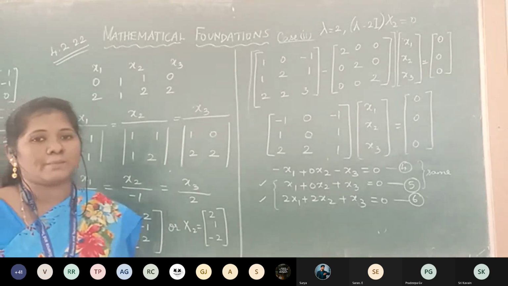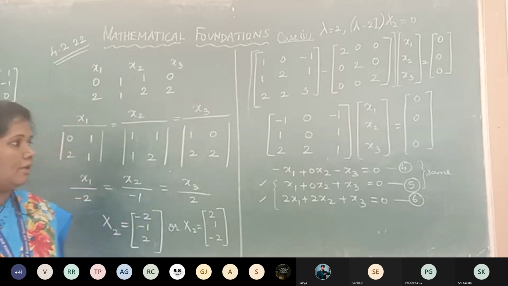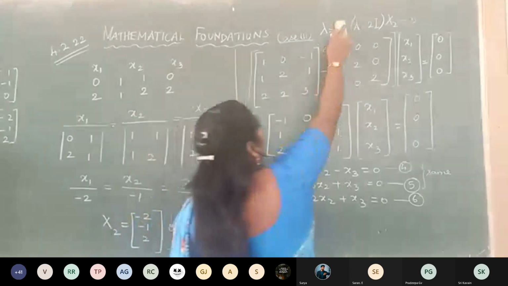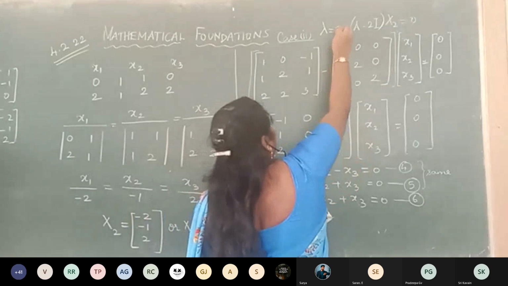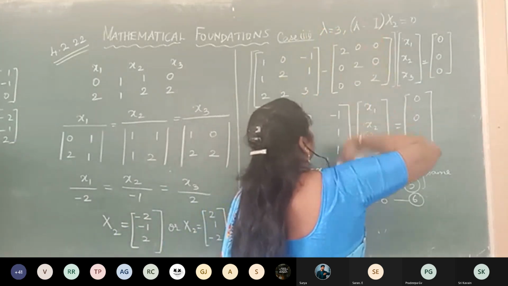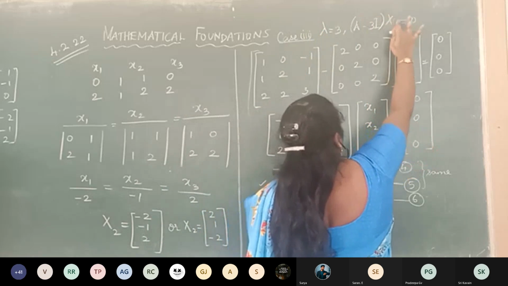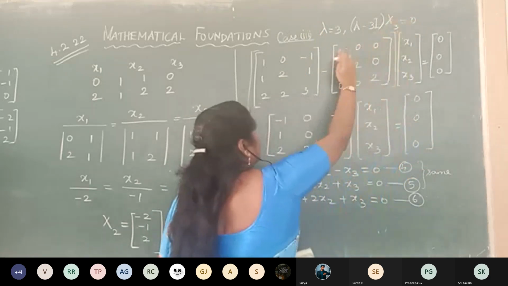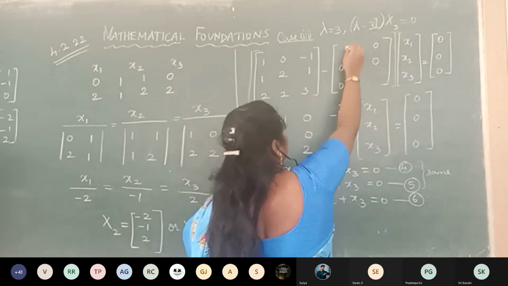Next, we will find out for lambda is equal to 3, your case 3. So that will be a minus 3i into your x3.